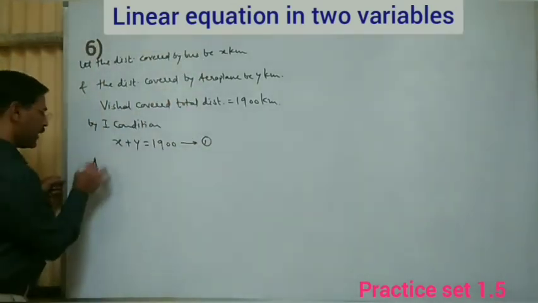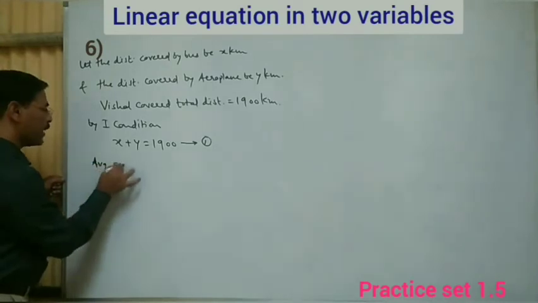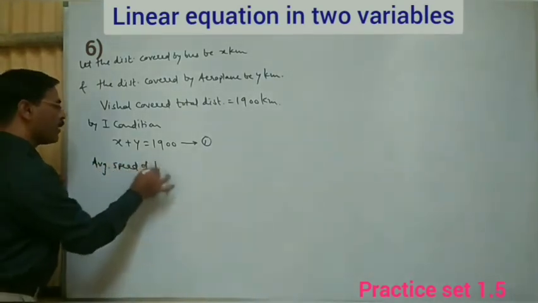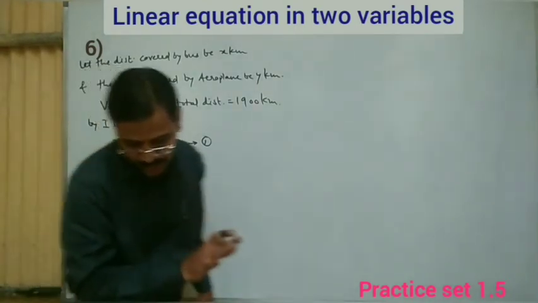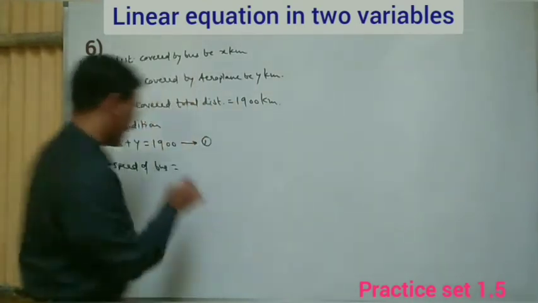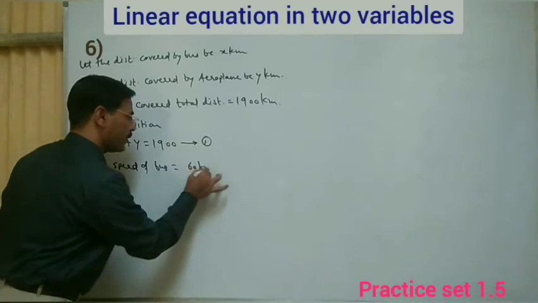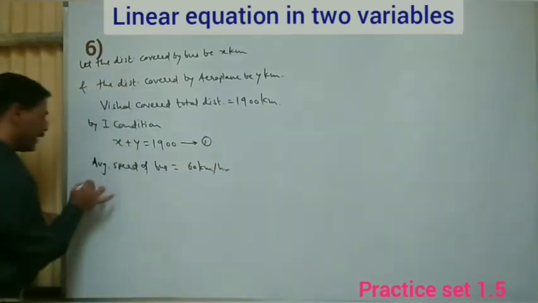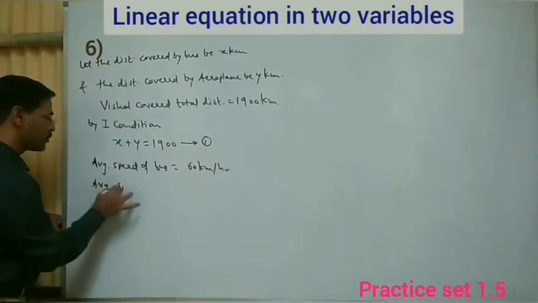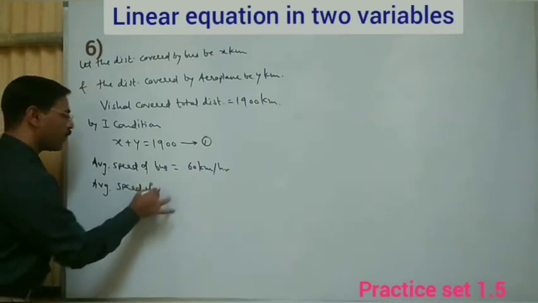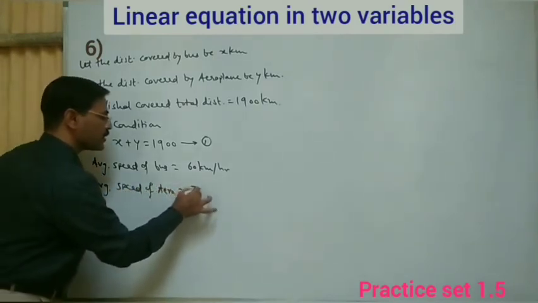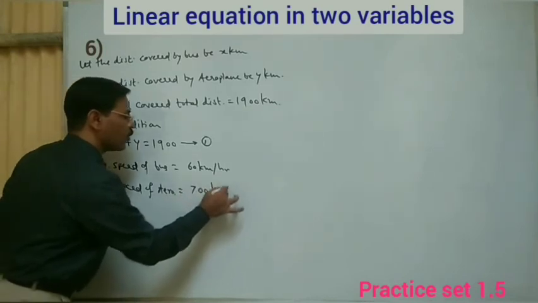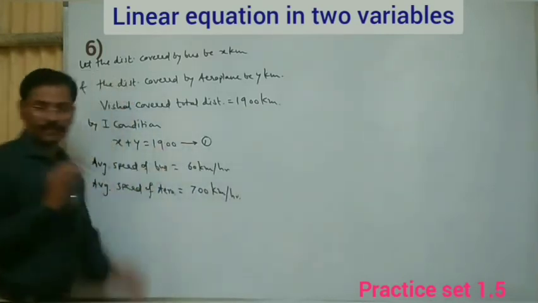Average speed of bus is how much? 60 km per hour. And average speed of aeroplane, that is how much? 700 kilometer per hour. Okay.